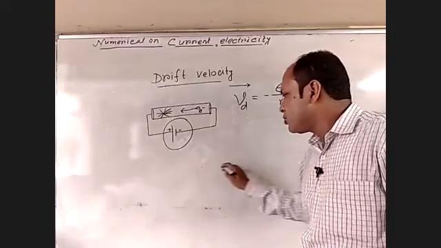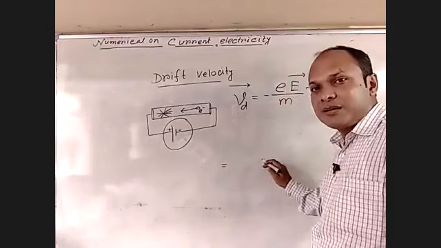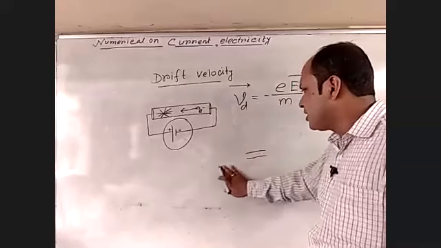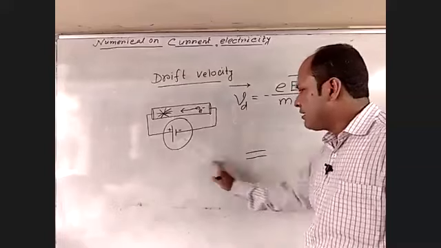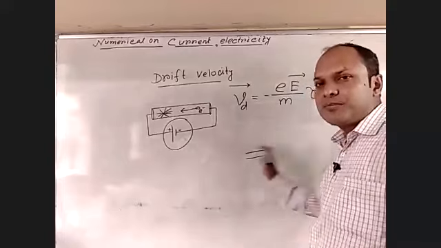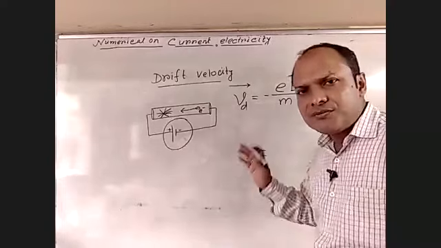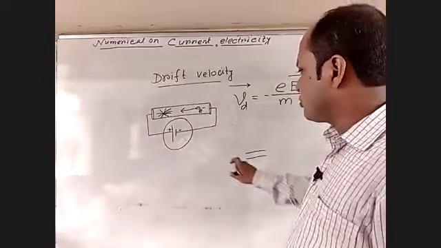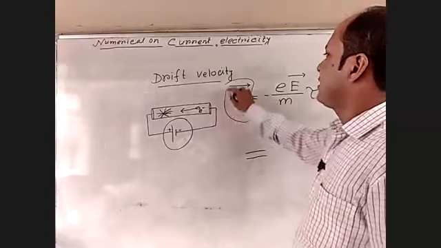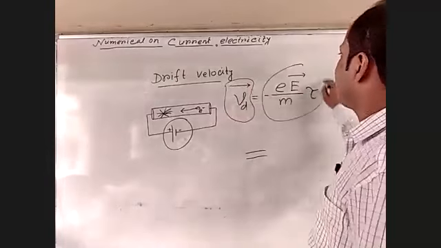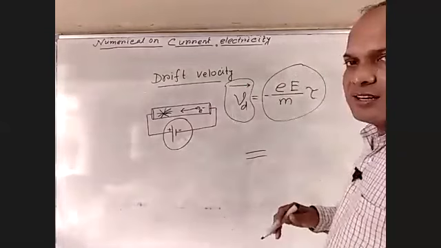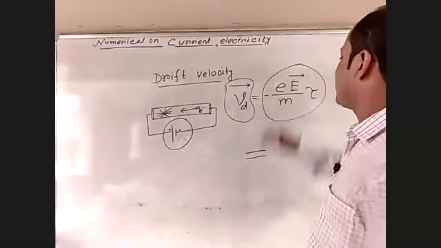If there is an equal to sign, both the physical quantities should be of the same nature. So if it is a vector, then it should be a vector. A vector cannot be equal to a scalar. A vector should be equal to some vector.